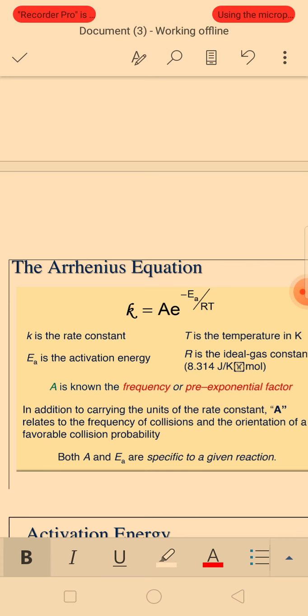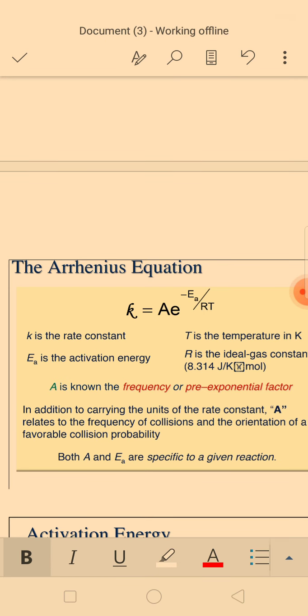Again, listen. K is the rate constant. T in this equation is the temperature in Kelvin scale. Capital E and small a is the energy of activation, and R is the ideal universal gas constant.